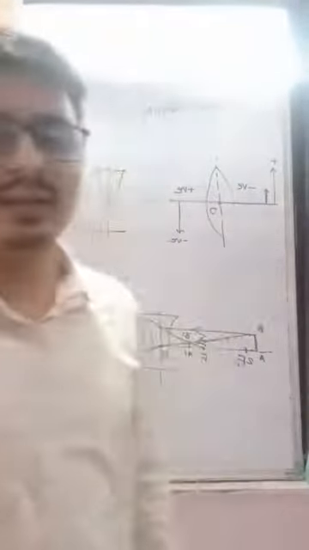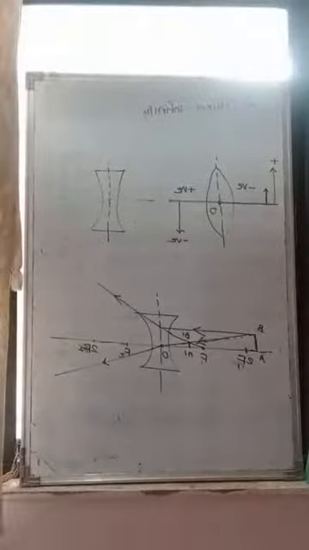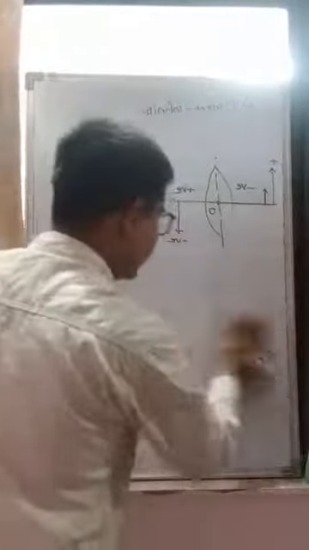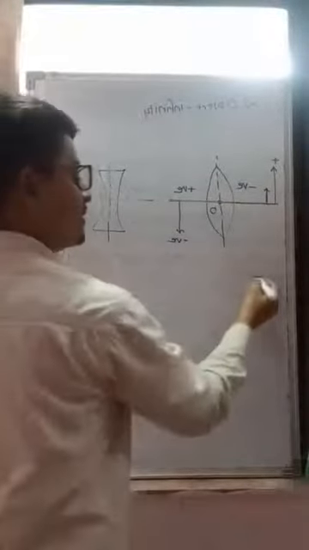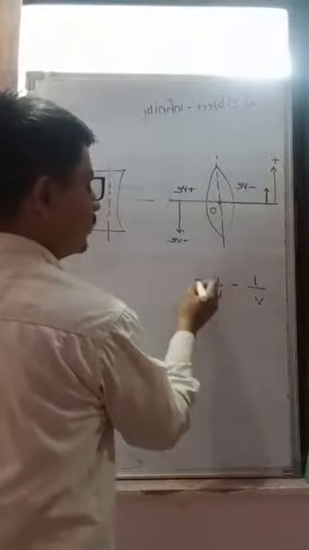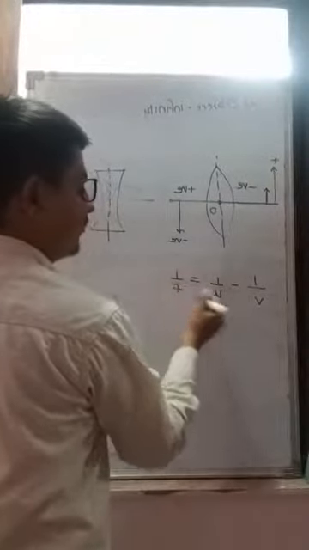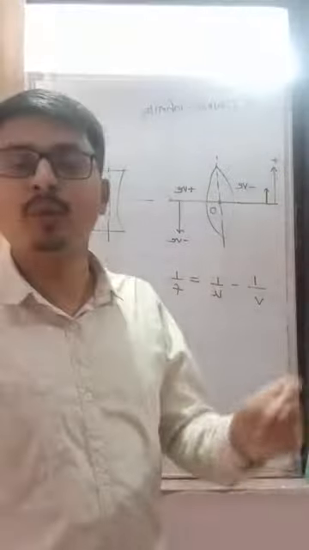Apart from that, we have two more points that need to be included: the lens formula and linear magnification. The lens formula is given as 1 upon v minus 1 upon u is equal to 1 upon f, where v stands for the distance of the image from the optical center.